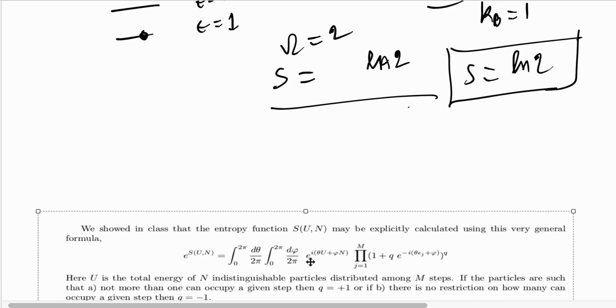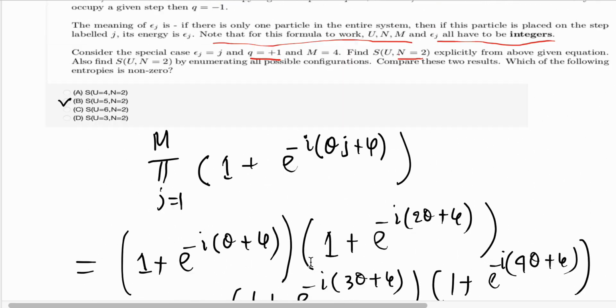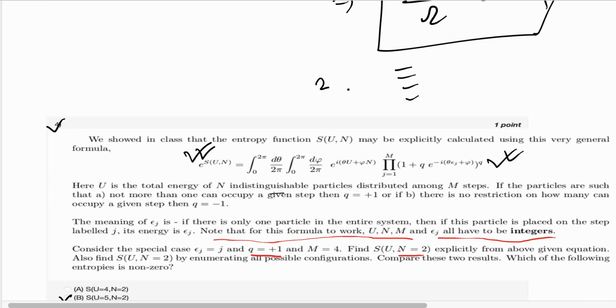Okay, one thing I have missed: in the previous question it is q equal to 1, and from the lecture we already know that q equal to -1 behaves as bosons, and q equal to 1 is like fermions.